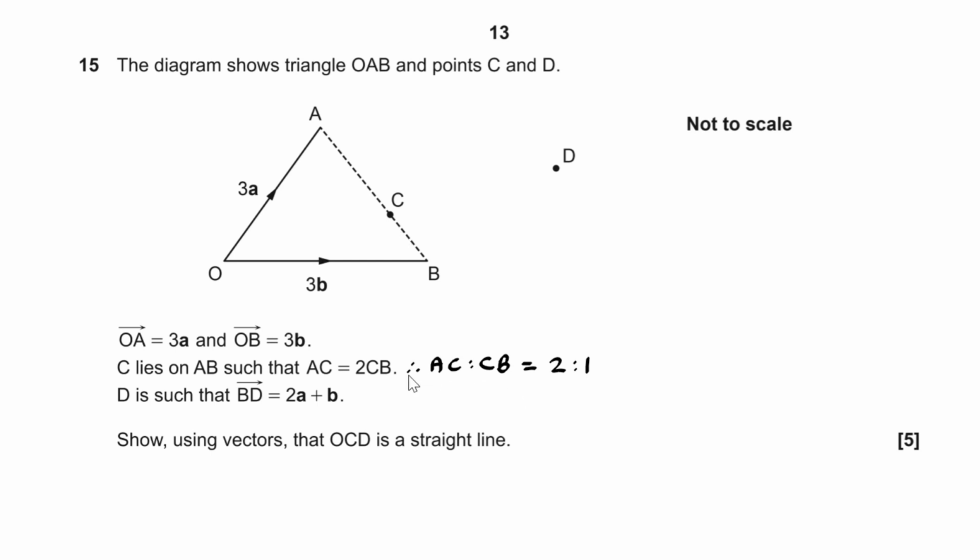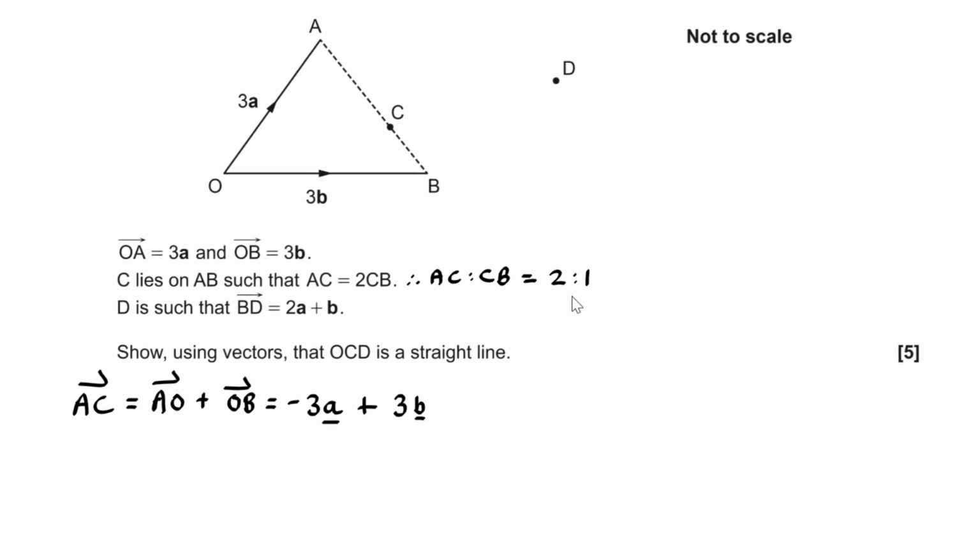So AC is twice CB. Well, if we find out what AB is equal to, we're starting at A, finishing at B, so that's equal to A to O, and then from O to B. So we've got AO equaling minus 3A, and then OB, that's equal to 3B.